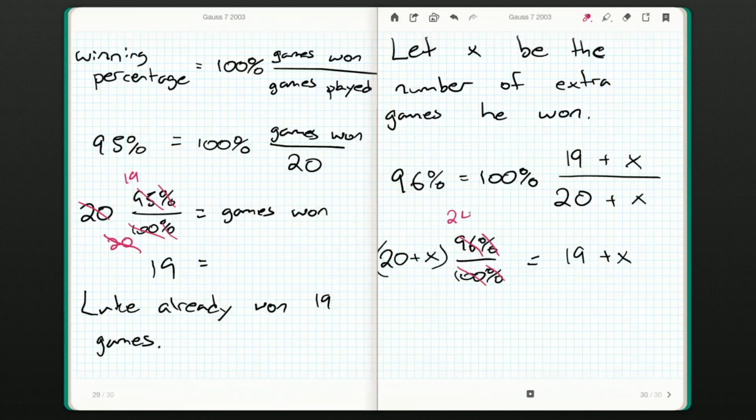This one's 24 times 4. This one's 25 times 4. So we're going to get 24 over 25 times 20 plus X is equal to 19 plus X. Well, I can multiply the 24 over 25 in. I just have to multiply it by the 20.